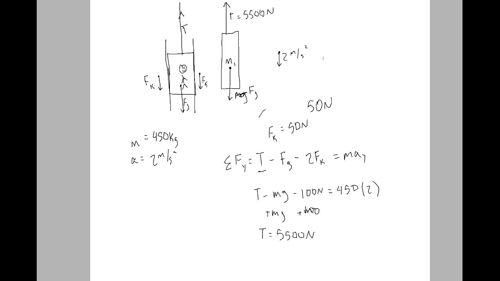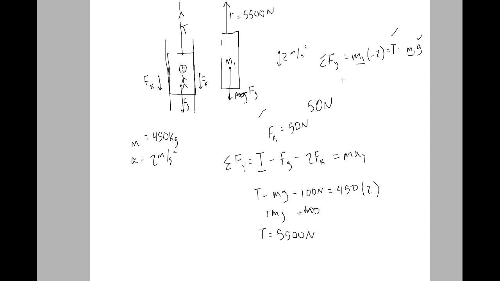So again, do the same thing as we did before. The summation of my forces in the y direction for my counterweight is going to be m1 times my acceleration, which is -2. And that's going to equal tension minus the force due to gravity, which is m1 times g. I know my tension, I know g, I need to solve for m1.